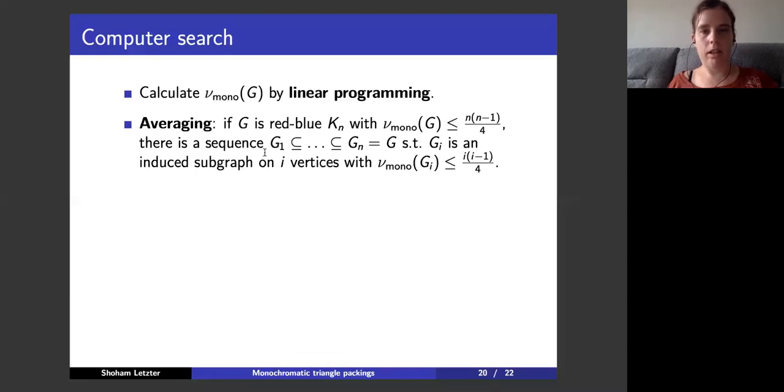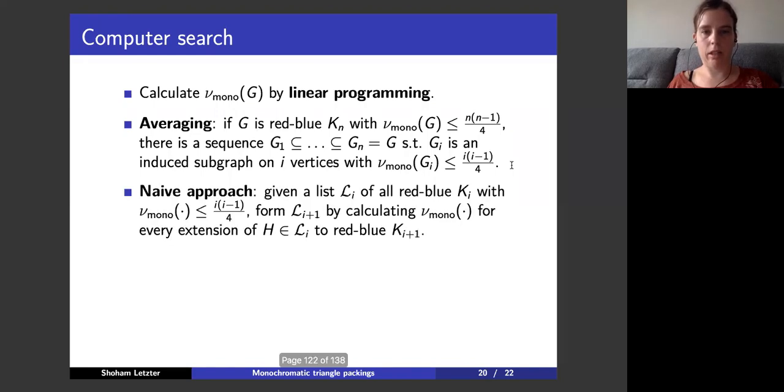Okay, now here's again this averaging comes up. Given a red blue Kn with small packing number, if I repeat this averaging n times, then I will find a sequence G1 up to Gn, such that Gi is an induced graph on i vertices, and it has small packing number. So using this gives the following plan for finding all the possible G's.